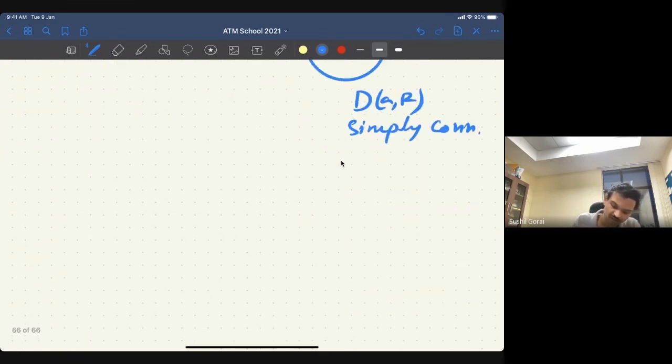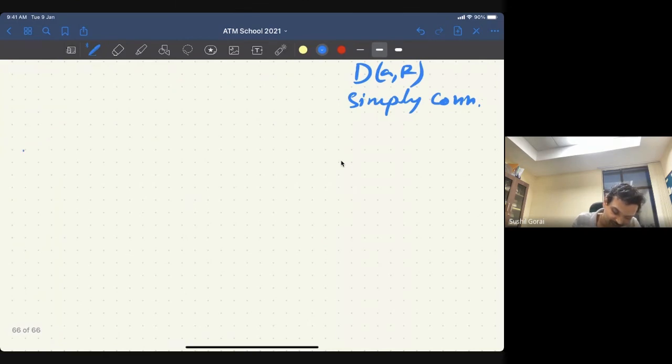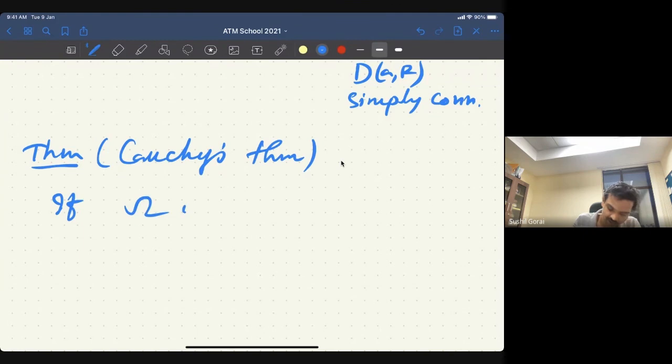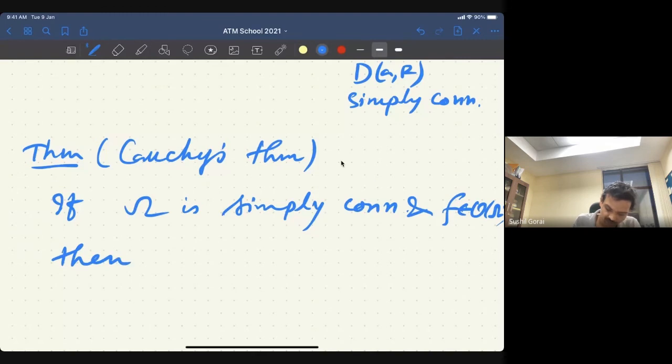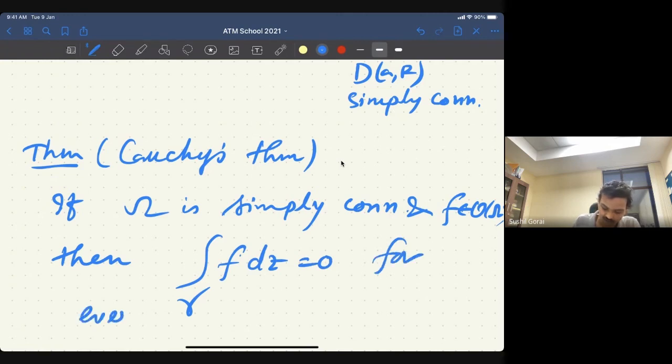So in this case, Cauchy's theorem would say: if omega is simply connected and f is holomorphic in omega, then the integration over gamma of f dz is 0 for every closed curve.